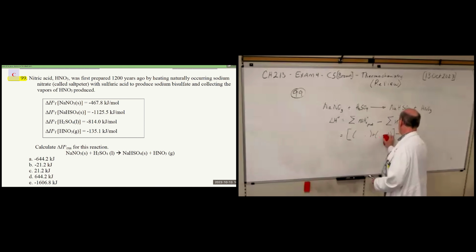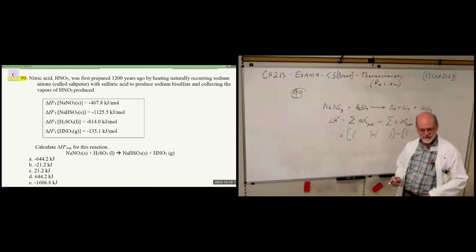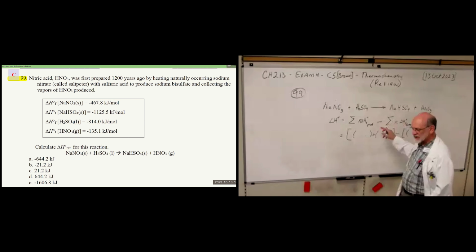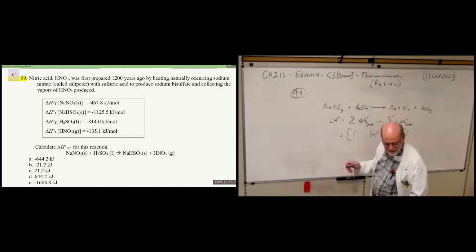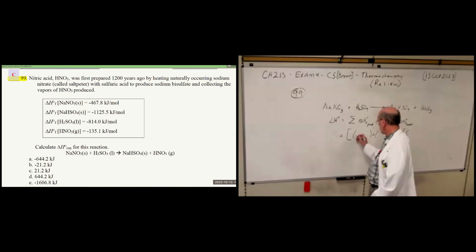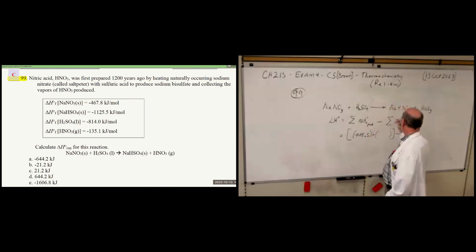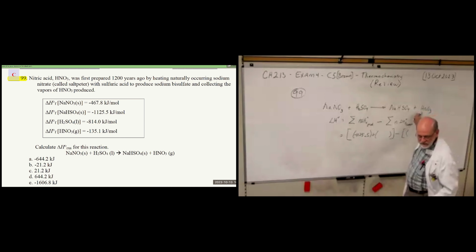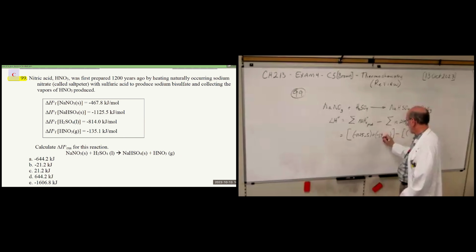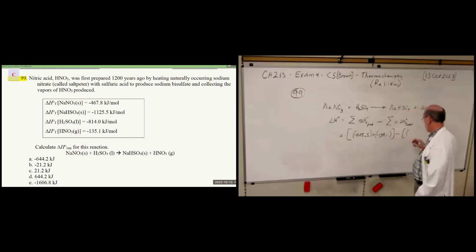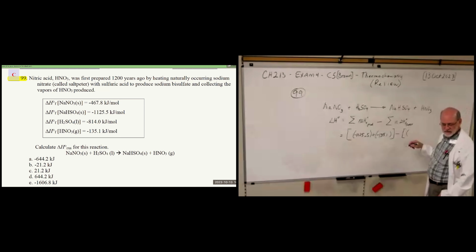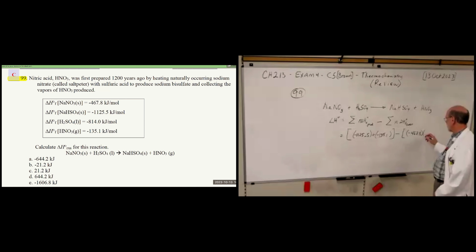Nobody caught me. Products first. Okay. Sodium bisulfate minus 1125.5. And then nitric acid, which is minus 135.1. Now I can go back to sodium nitrate, minus 467.8. These are all kilojoules.